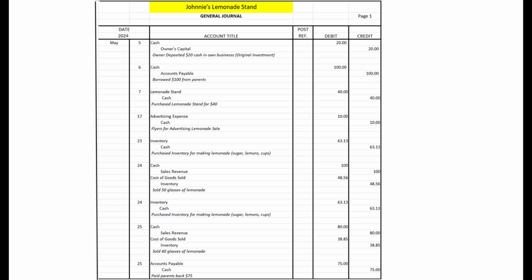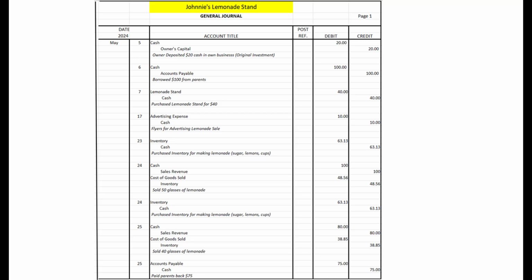The general journal is used to record all financial transactions of a business in date order. Each entry provides a complete and detailed record of a transaction, including the date, accounts affected, amounts, and a brief description. By recording transactions as they occur, the general journal helps ensure that financial data is accurate and up to date.